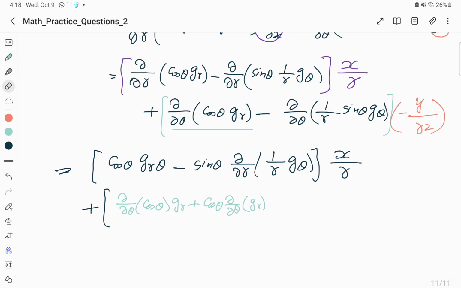After that we have negative, and you can notice again the derivative is with respect to theta, so this 1 over r is just a constant, so that is taken outside, negative 1 over r, and the partial derivative with respect to theta applies on sine of theta g theta, which will be simplified in the next step, and here we have negative y over r square.